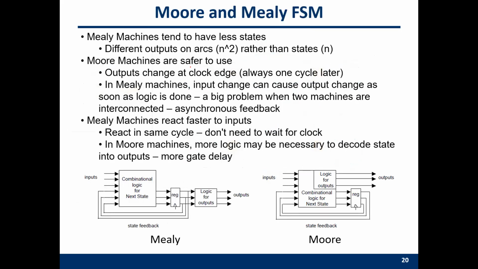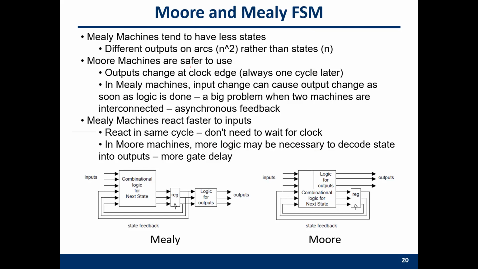So the Mealy machine tends to have fewer states; different outputs may share the same state. More states are safer to use because the output changes at the clock edge, always 1 cycle later. In the Mealy machine, an input change can cause an output change as soon as the logic is done.